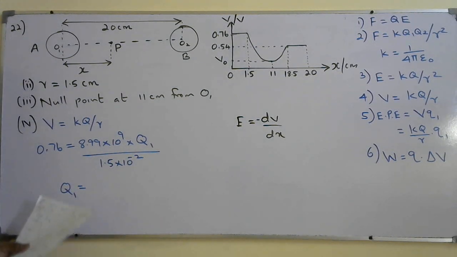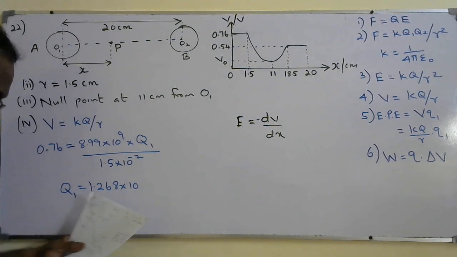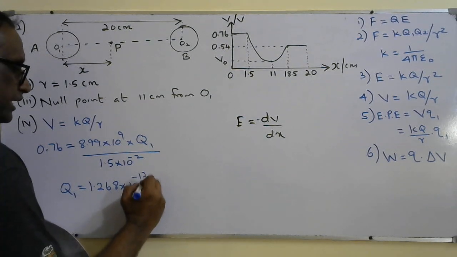Solving for Q1, it is equal to 1.268 times 10 to the power minus 12 coulomb.